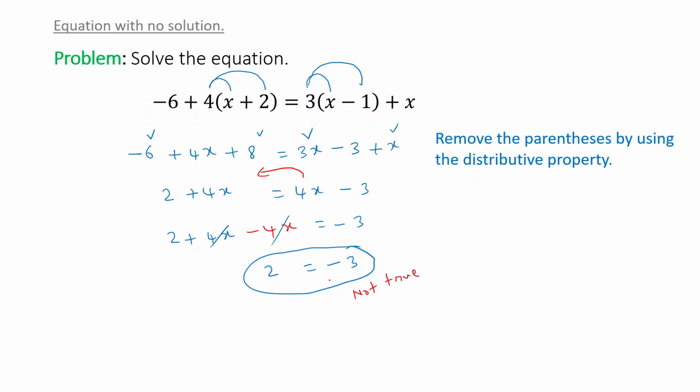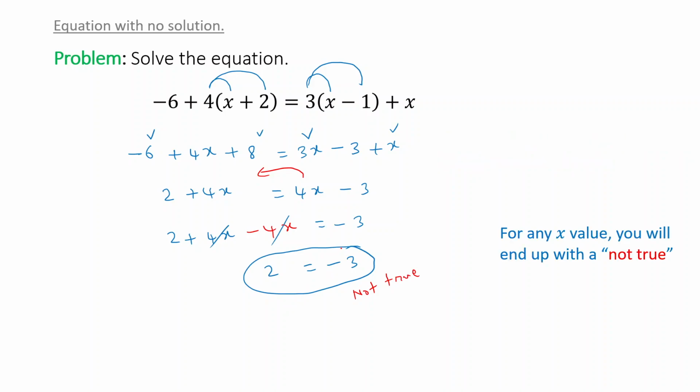If you substitute any x value in this equation, you will get this. That is not true. So this equation has no solution. This is the answer.